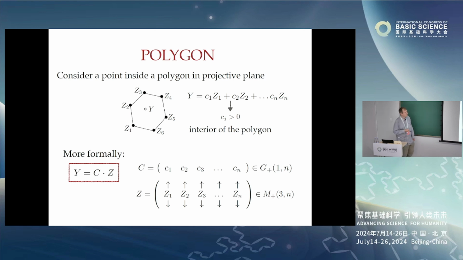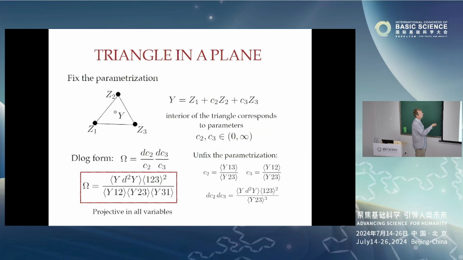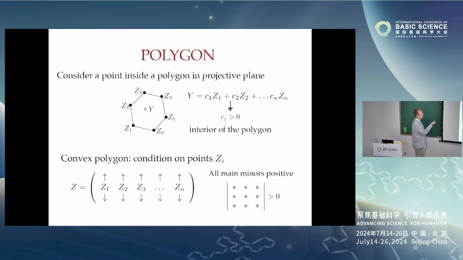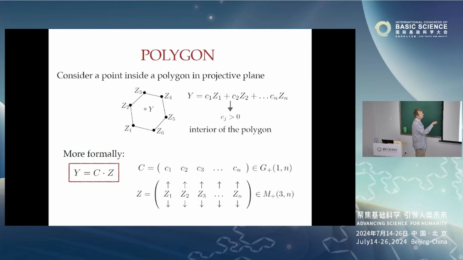Okay, so the generalization then of being inside a triangle to going inside a polygon is writing it like this, and we can more formally write it as a matrix multiplication of the C matrix, which is just a row of coefficients which are all positive, and the 3 by n matrix, which is a collection of these points in the vertices of the polygon.